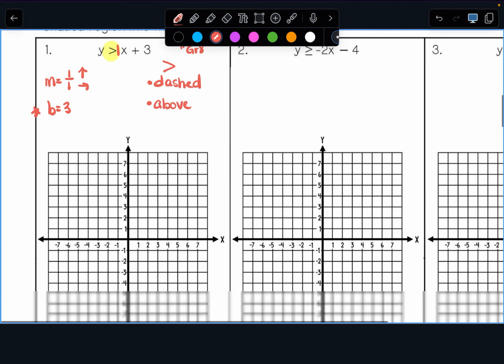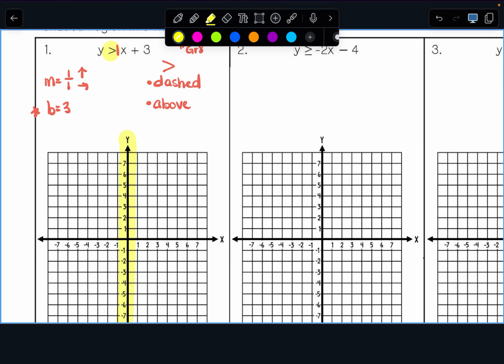The very first point will always go on the y-axis, not the x-axis. I've seen some mistakes where there's people that plot the starting point on the x-axis instead of the y, okay? First point goes here. Then you go up one, right one, up one, right one, up one, right one, up one, right one. If you can't go up to the right, you can go opposite, down to the left.